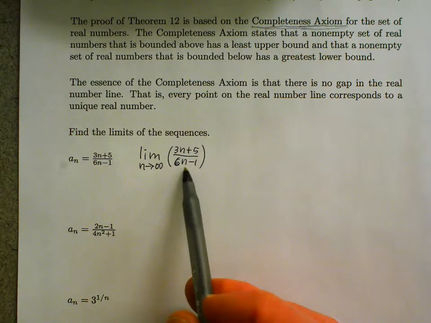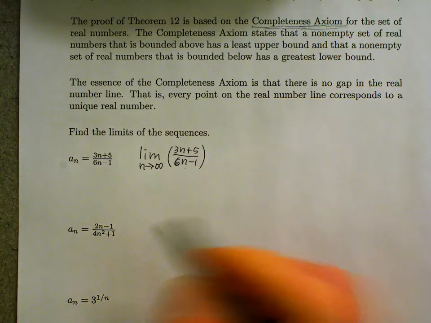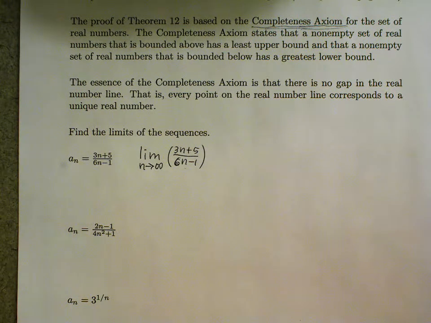So n to the first is the largest power of n in the denominator. So if we multiply this expression by 1 in the form 1 over n times 1 over n, then we can simplify that to an expression that might be easier to compute the limit of.